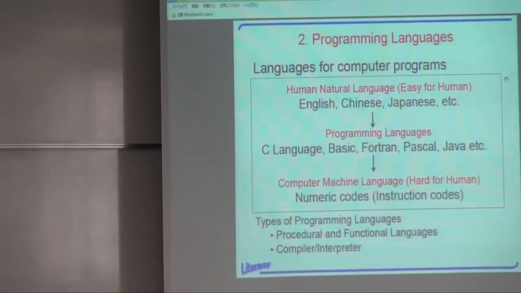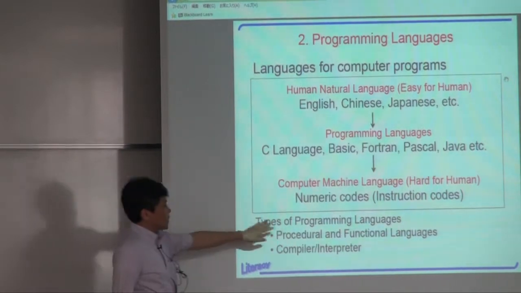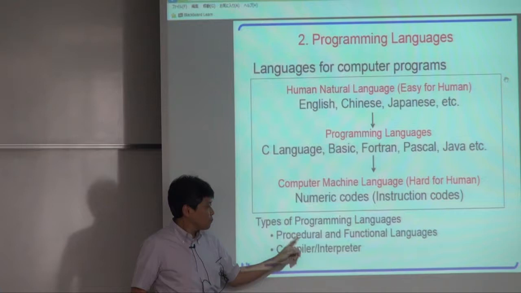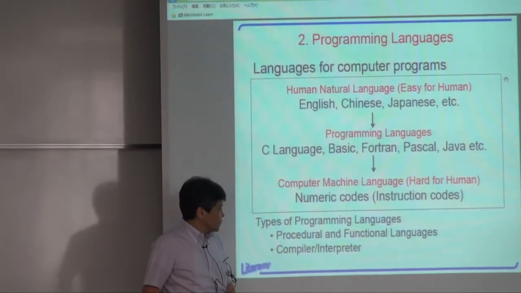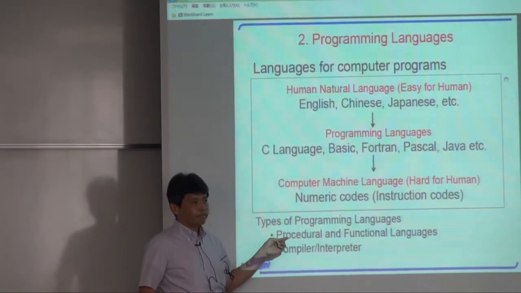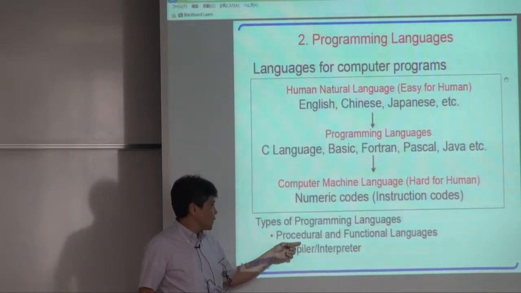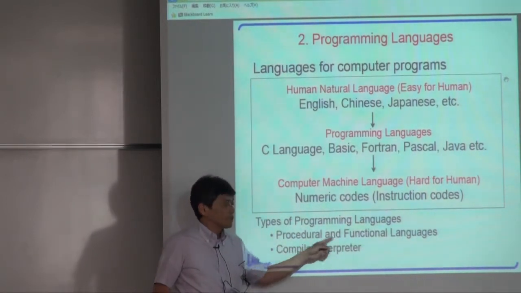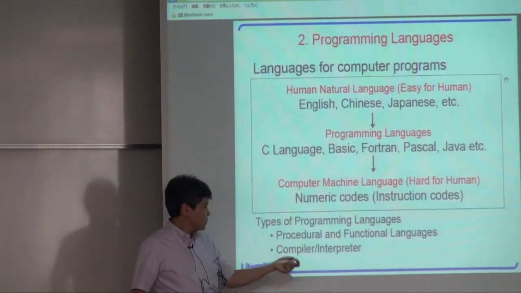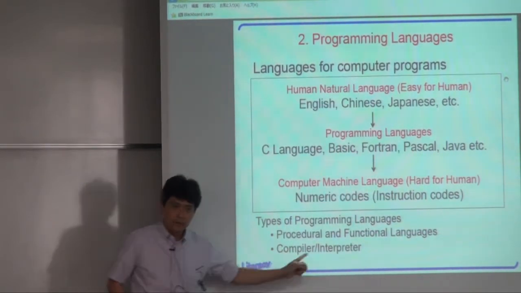There are two types of programming languages by syntactical difference: procedural and functional languages. And by executional difference: the compiler and the interpreter.